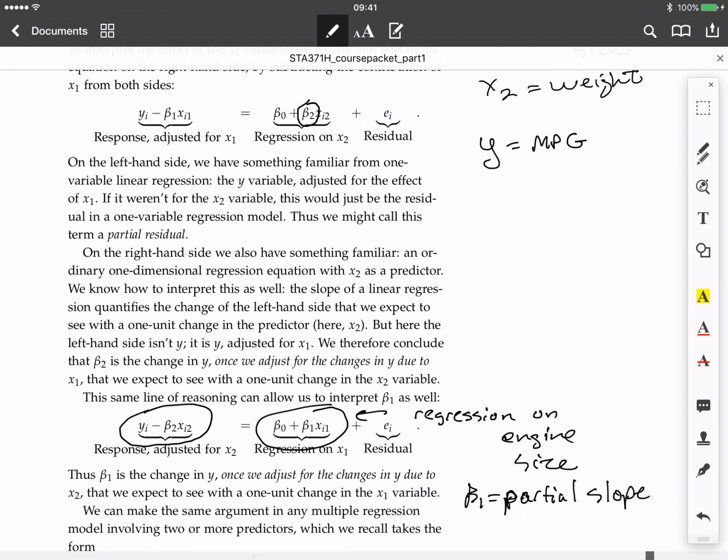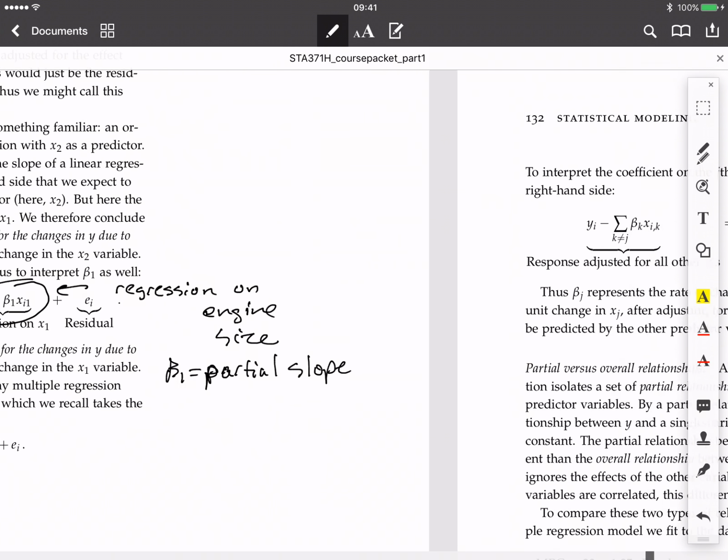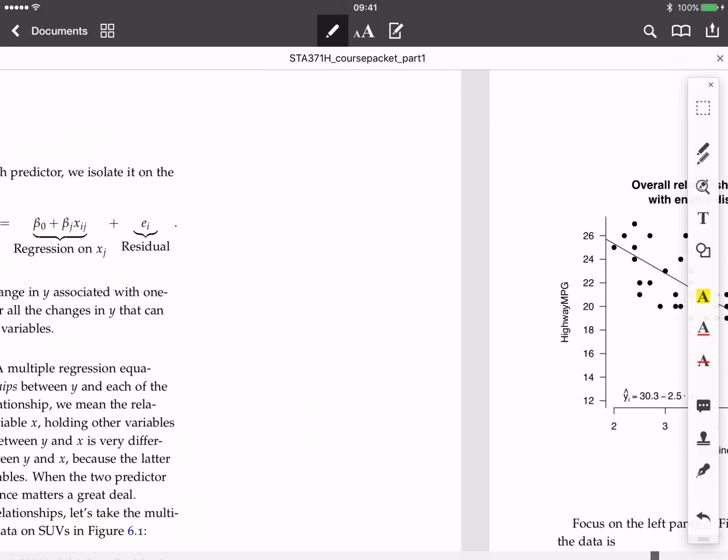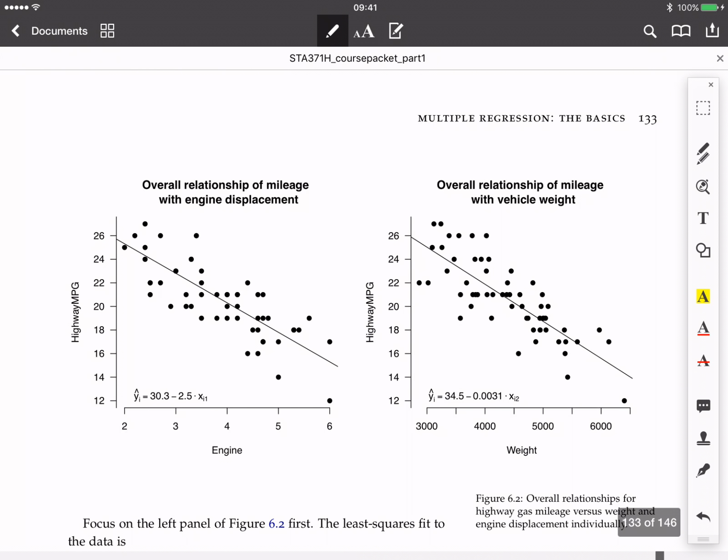That means it's a partial relationship holding the other variable constant. Okay, so it helps to think about partial relationships in the context of a multiple regression model, thinking a little bit visually here. So I'm going over to page 133. What you're seeing here is now the original overall relationships between mileage and engine displacement here on the left and mileage and vehicle weight here on the right.